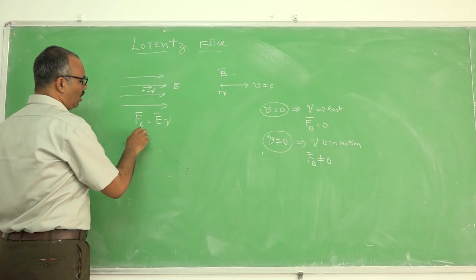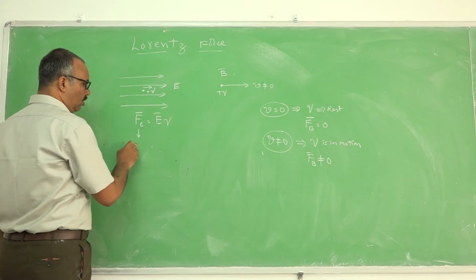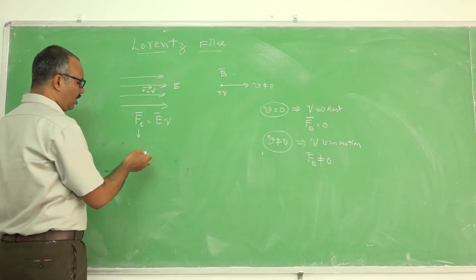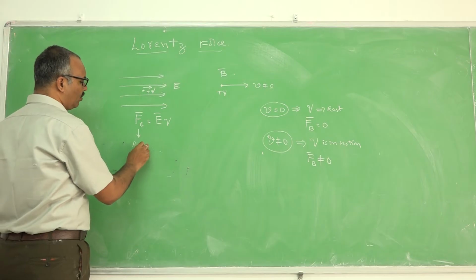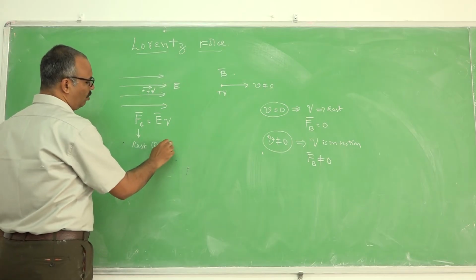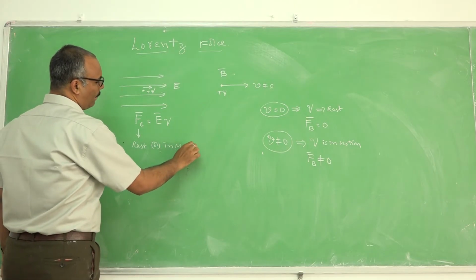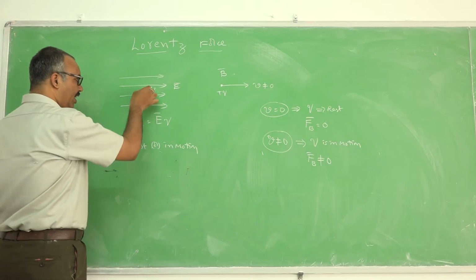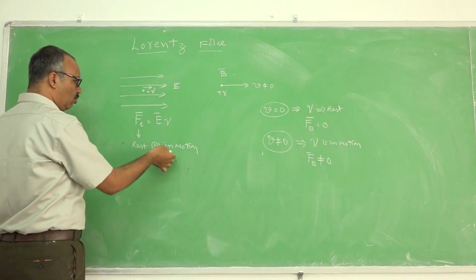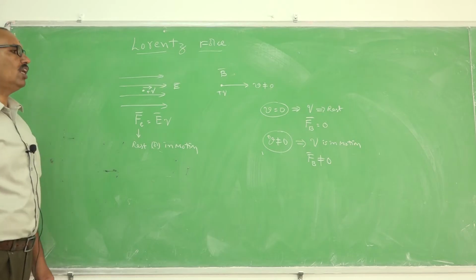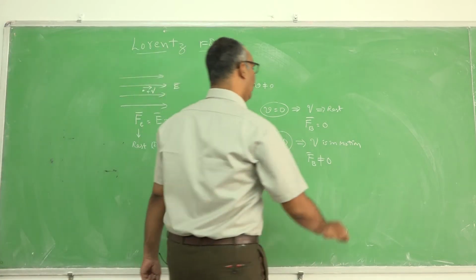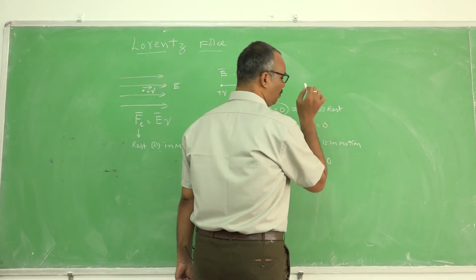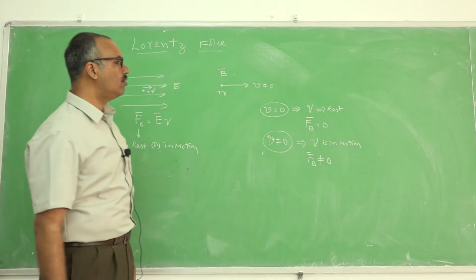So the force due to the electric field will act on the charged particle when it is either at rest or in motion. Only when the charge is in motion does it experience force due to the magnetic field.